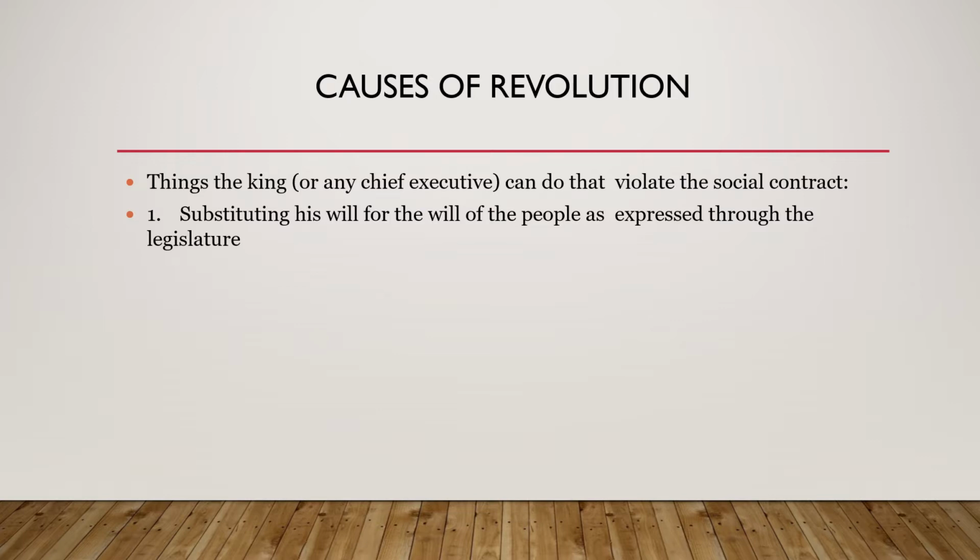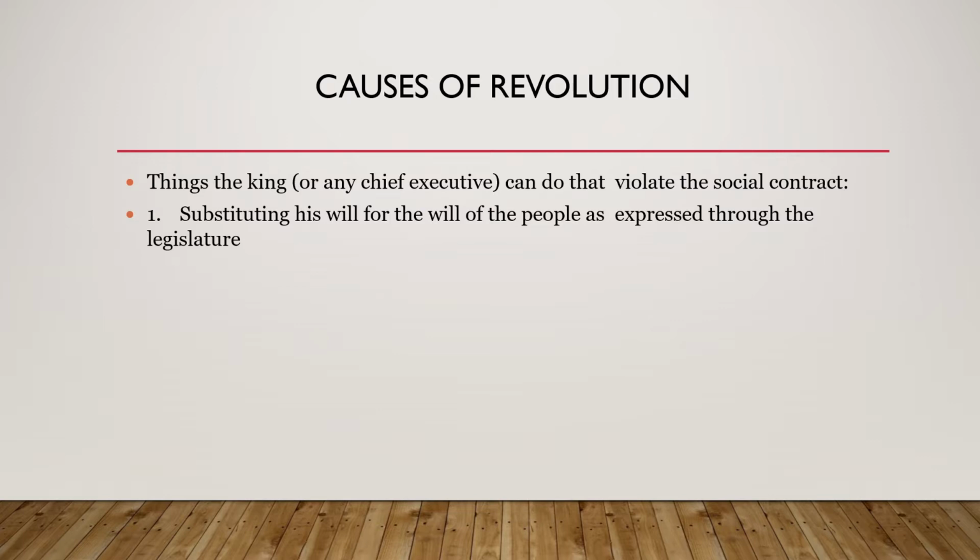And so if the chief executive ignores the will of the elected branches and then substitutes his own law and says the laws of the legislature are no longer the laws of the land. In our circumstance, if you think about if the president suspended the Constitution and said, I'm no longer going to abide by the Constitution, there's no right to free speech, there's no right to freedom of religion, I'm going to take away everybody's guns, nobody gets a jury trial.